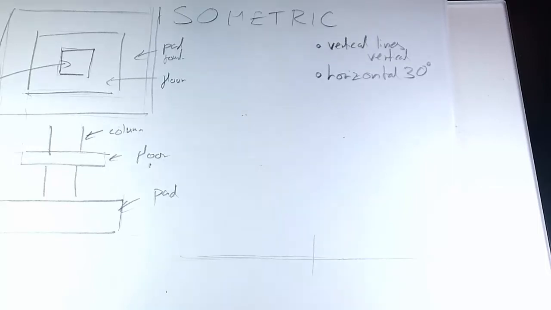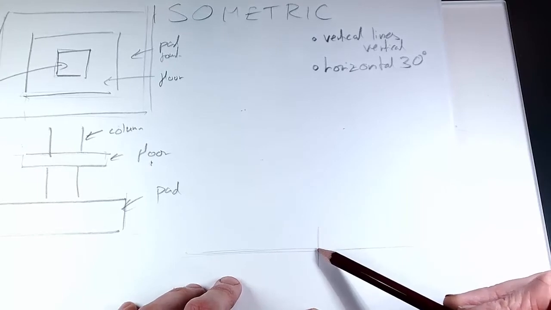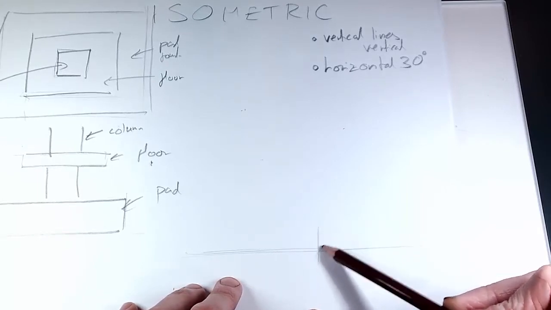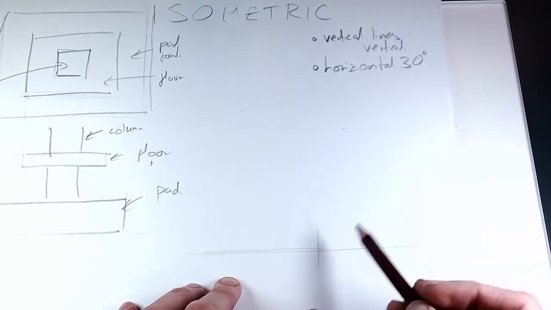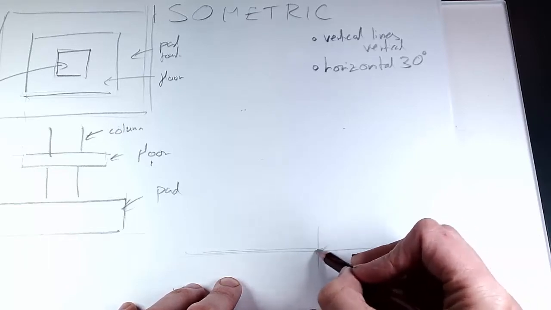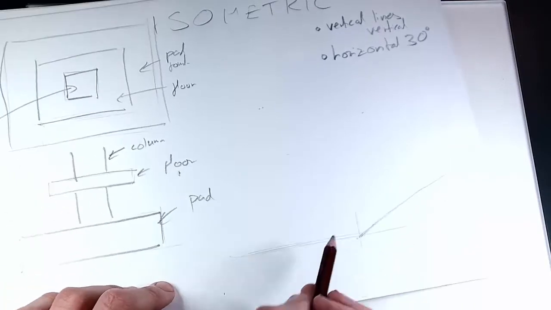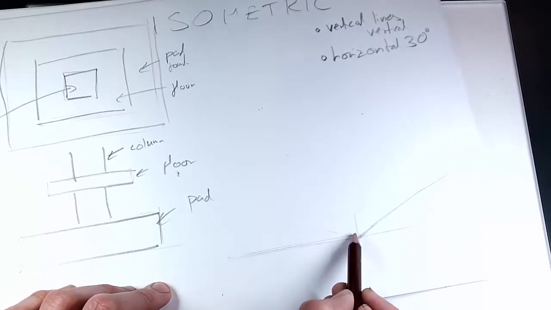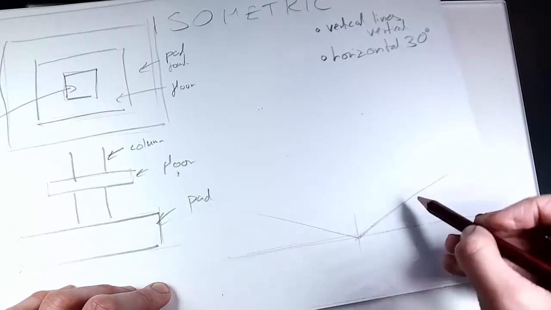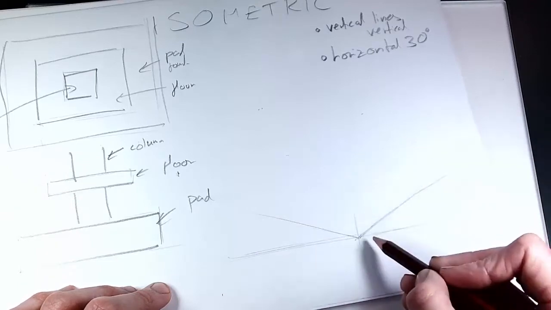For that I need to draw my 30-degree angle line. Now you can pretty much work it out. 45 degrees is about there, 30 degrees is about that. So all the horizontal lines have to be 30 degrees.